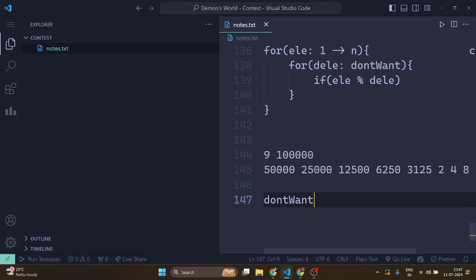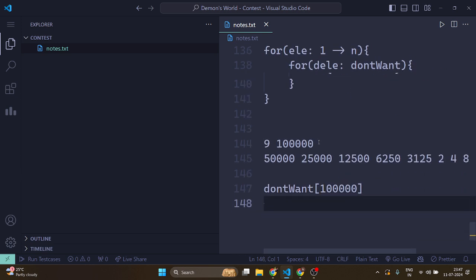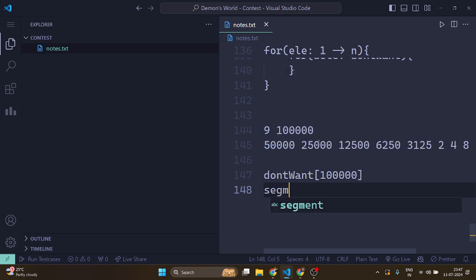So initially don't want is 1 lakh. I don't want 1 lakh, and forget about this code for a moment, and my segment is 1. Can I include this 50,000 in my segment? Yes, I can. But once I include 50,000, I don't want 2, because 50,000 into 2 will give me 1 lakh.